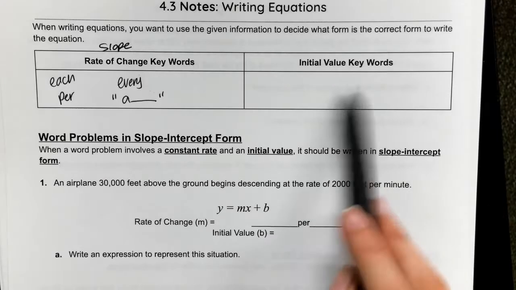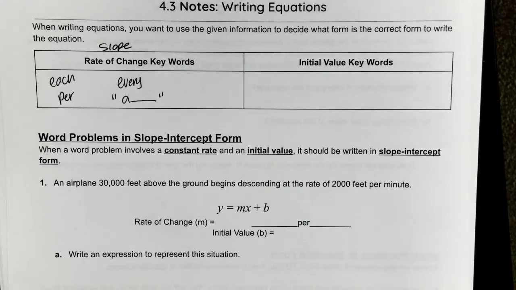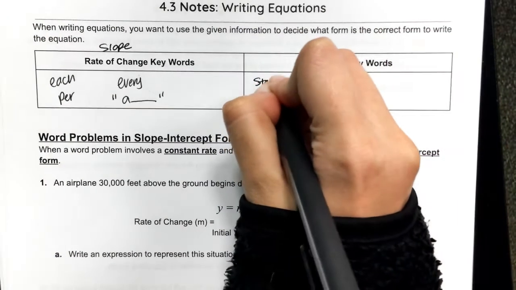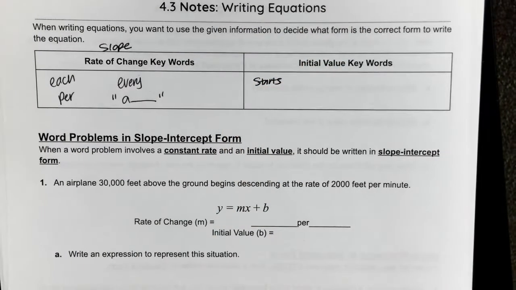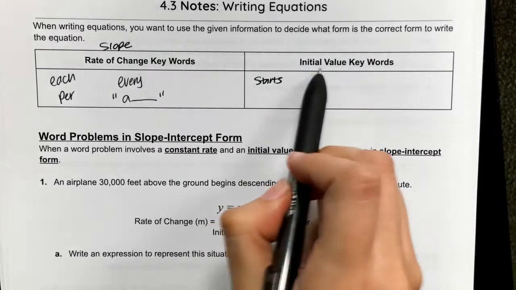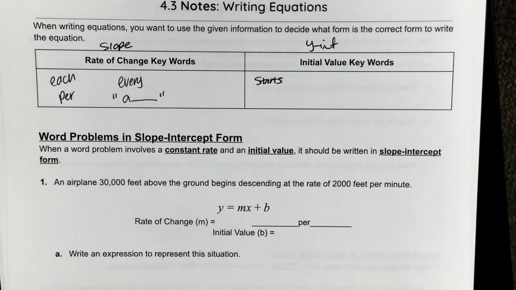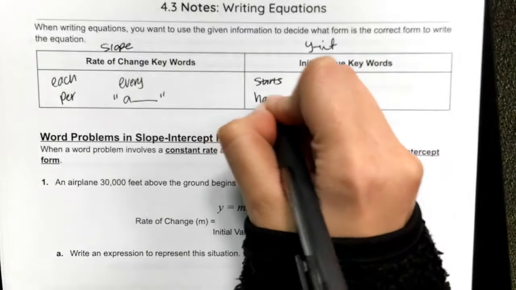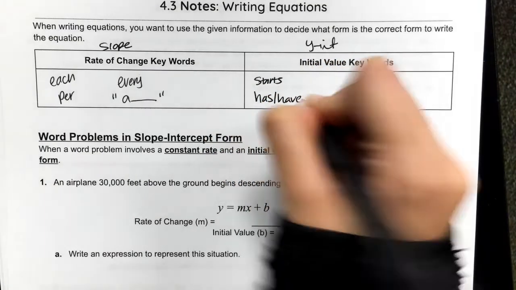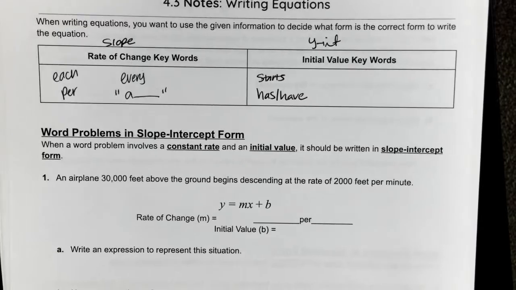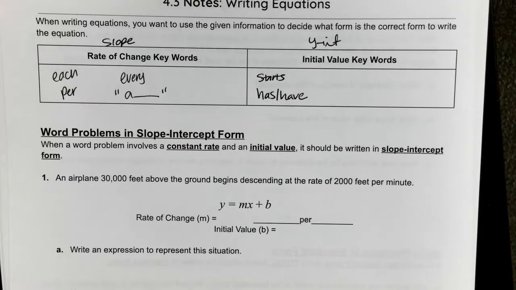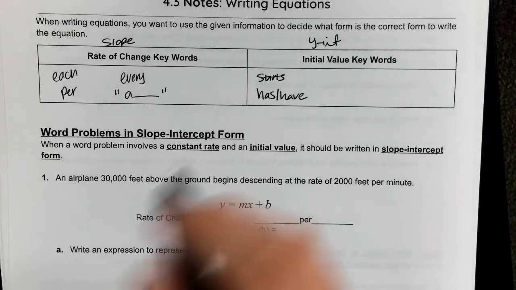Initial value is a little bit harder. There's more of a general pool of words to choose from, but some of them are starts, begins. So something that lets you know this is the beginning point or the initial value, which remember is just my y-intercept. Has, have, so anything in the past tense, such as he has 100 action figures or he already has 200 tickets.